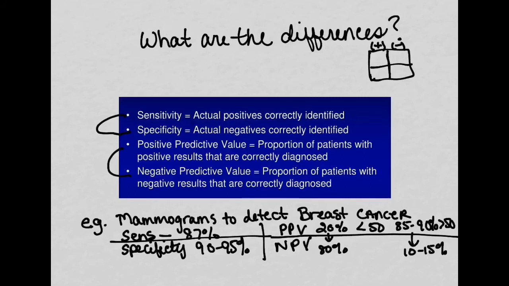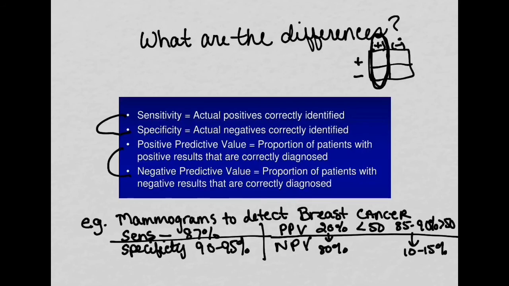The side here is those who test positive and test negative. So these are people that have the disease right here. If you remember, when we were doing the other tests, we had 100 and 100. But let's just say that we have 100 patients that have breast cancer, and they're trying out a new test to see how accurate it is. So these were people that were already diagnosed.